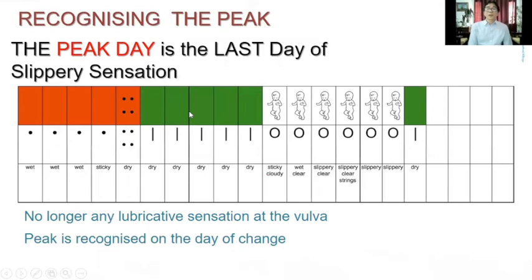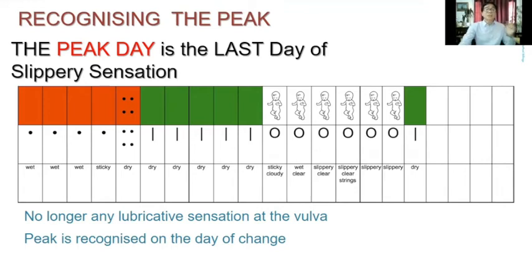Of course, we have what we call the peak day. And what is the peak day? The peak day is the last day of slippery sensation. And how to recognize the peak day? You can recognize the peak day if the following day you are no longer slippery, okay? And your sensation is already dry.